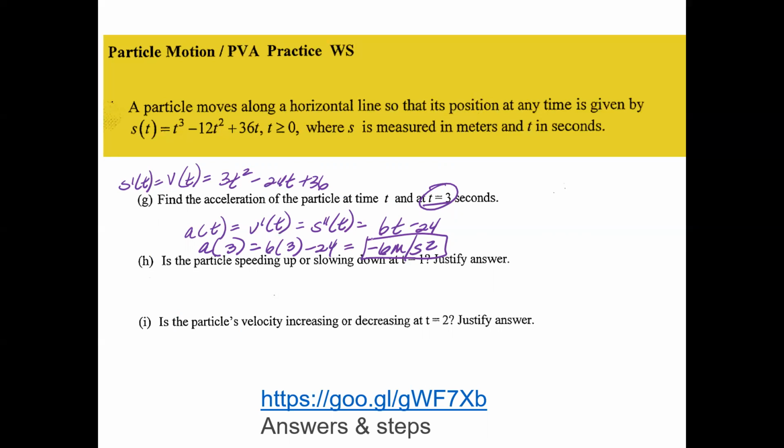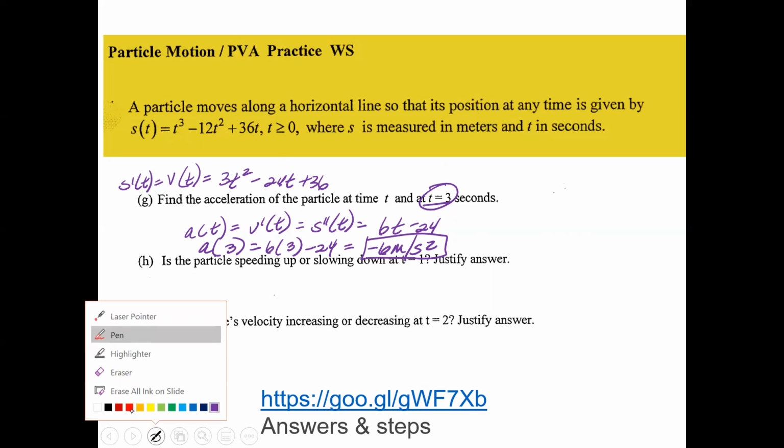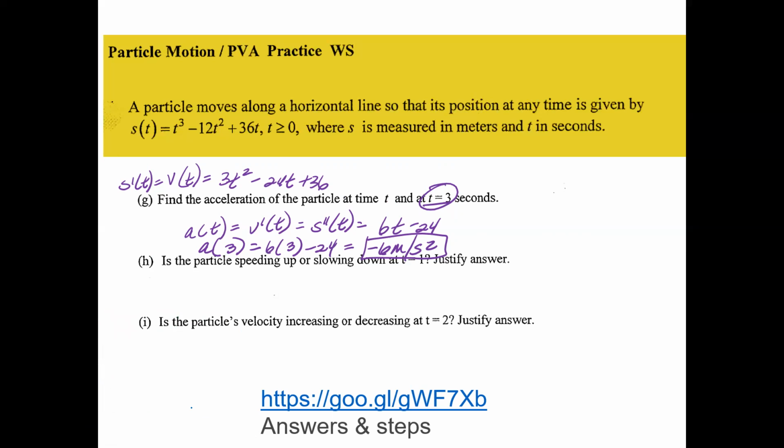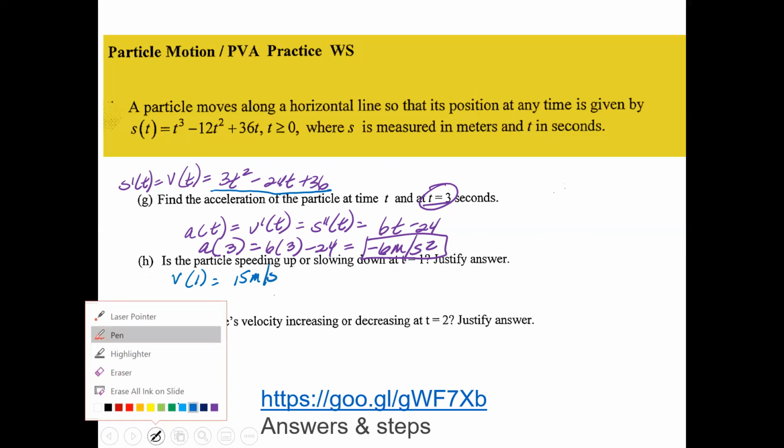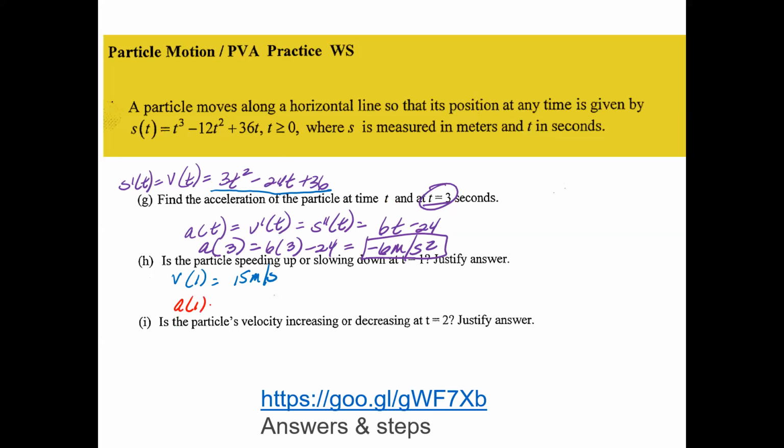All right, so for H, it says is the particle speeding up or slowing down at t equals 1 second? So let's do this. V of 1, plug 1 second into this equation right here for V, is going to give you a positive 15 meters per second. When you do A of 1, which means you're plugging into this acceleration equation, it is going to give you a negative 18 meters per second squared.